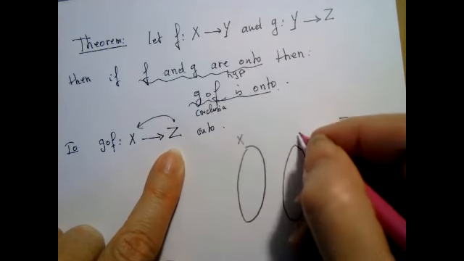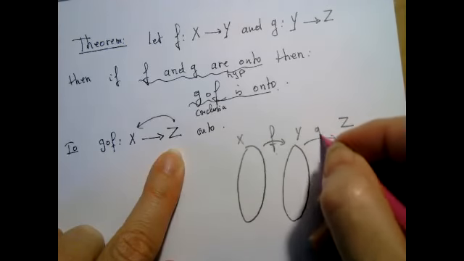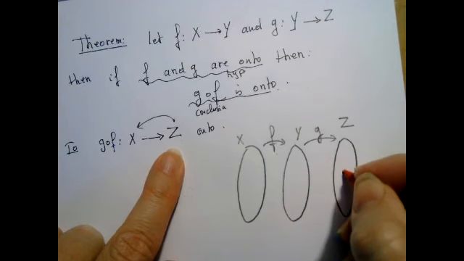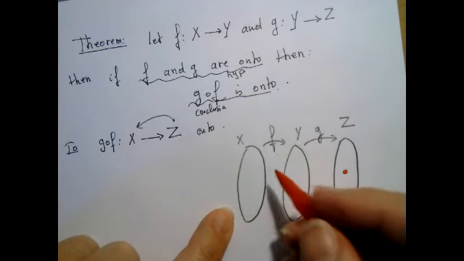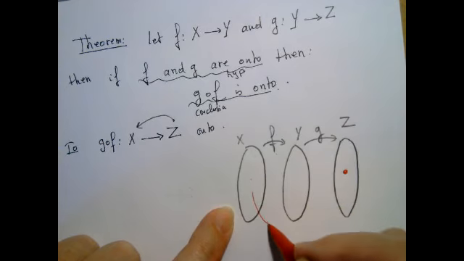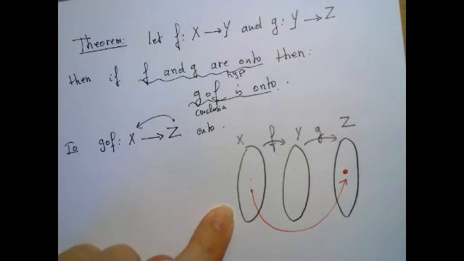So this is my X, this is my Y. And to show onto, I have to take any element here, and you have to convince me that you can find something in X which is mapped into that. That's really how you will have to do it.